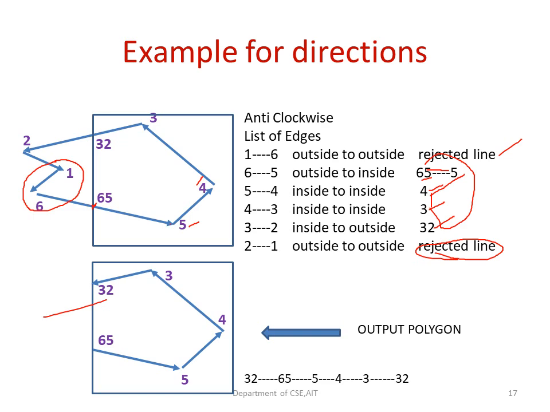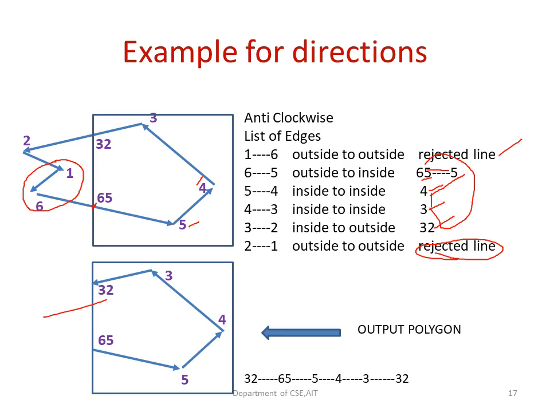When you go for the edge from 6 to 5, you can see that this particular edge is moving from outside to inside. So when we are moving from outside to inside, according to the algorithm we have to consider the intersection point 65 and 5, as the output for edge 6, 5.